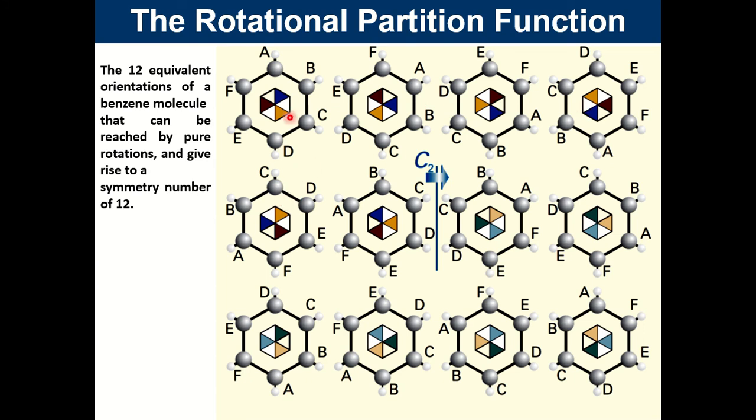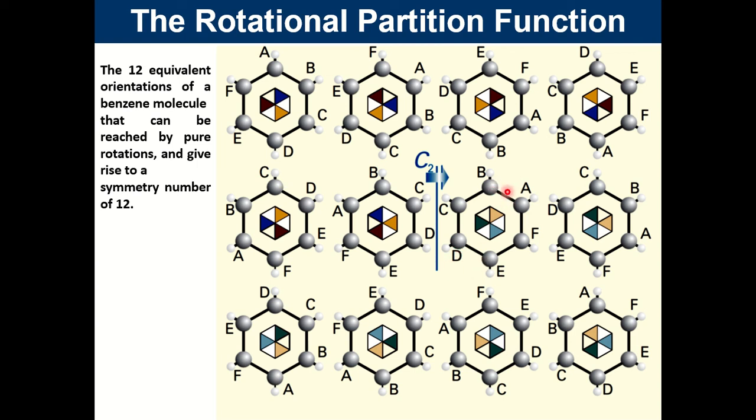You can get 6 configurations which are equivalent, and you have 6 C2 axes also in the plane of the molecule. 3 of which pass through the atoms B, E, A, D, C, F. You also have axes which are bisecting these bonds, the AB bond, the DE bond.